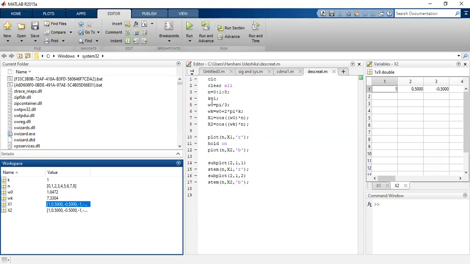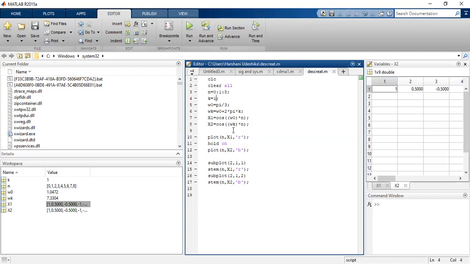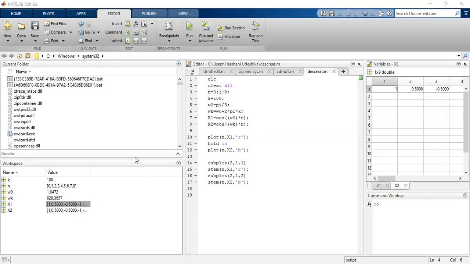You can put this k equal to 2, 3, 4, 5, 6, any big value, but you will get the same result. Here you can see the same value and the same graph.